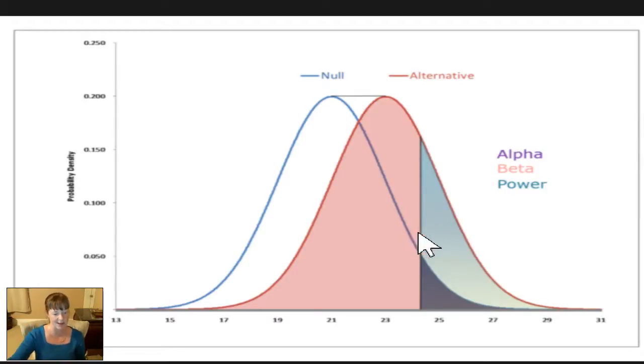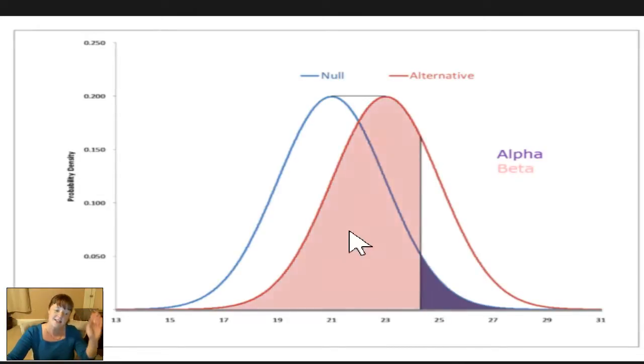Anything over here is like a powerful result. Yay, we're going with the alternative, and the alternative is actually correct because now this distribution assumes that it is. So this area is called power, right? And so for now, what I want you to do is just memorize these areas. This little teeny area here is called alpha.